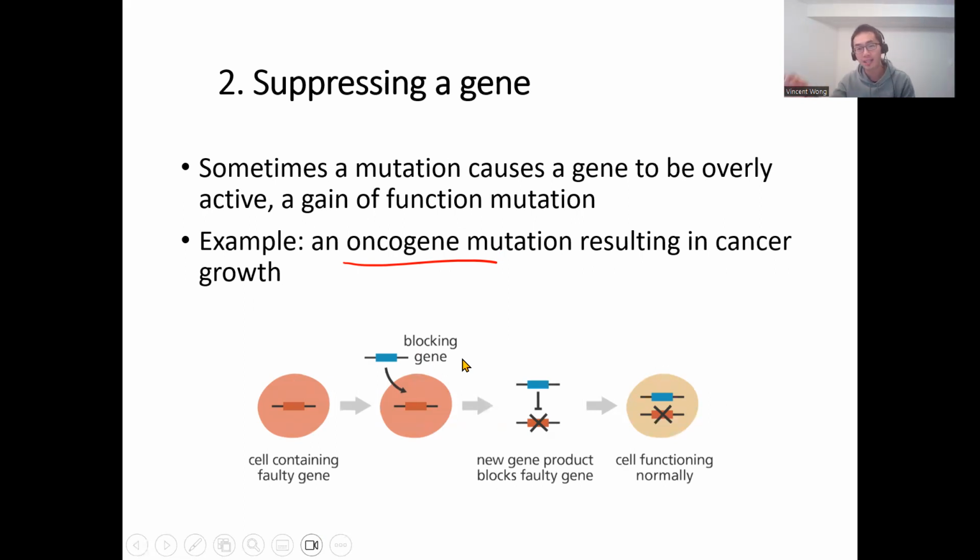If the blocking gene is taken up by the cancer cell, it will shut down the oncogene mutation, and then it will go back to normal, right? The tumor is not going to grow further, and then you can use surgery and chemotherapy to remove whatever is there. Okay, so that's suppressing an overly active gene.